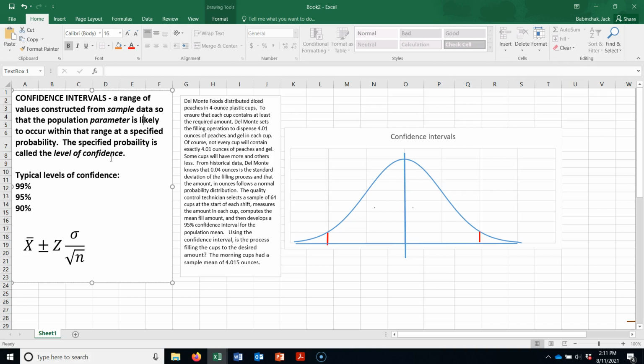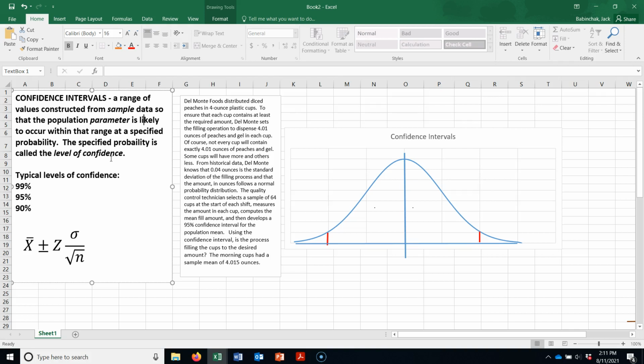If we go back to customer wait times, we might take a sample and want to be pretty confident that it really represents the actual wait time for the population. Maybe we come up with 4.5 minutes to 5.5 minutes. Then we could say we have this much confidence that the average wait time for customers for the population will fall somewhere between those two times, based on the sample that we took.